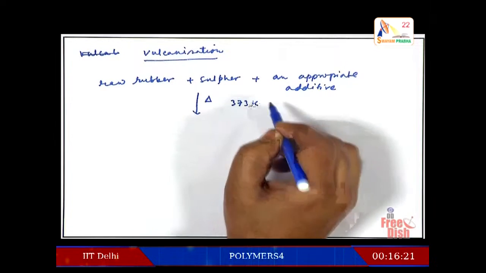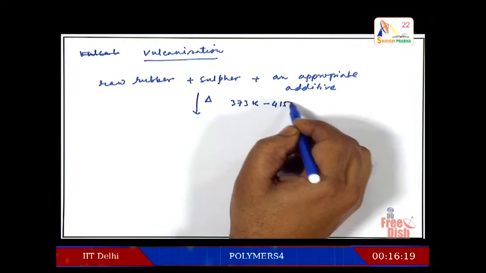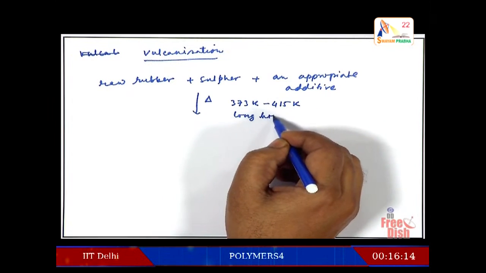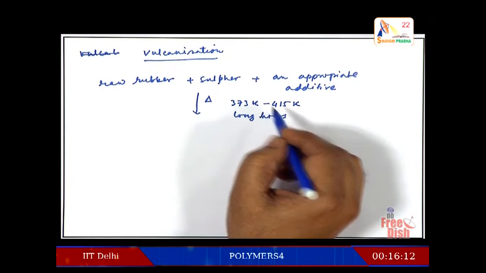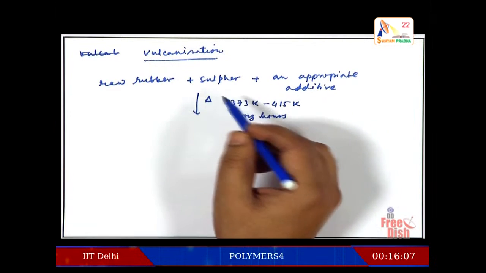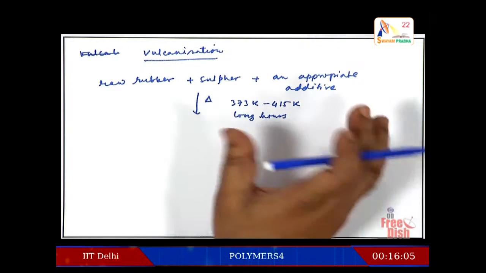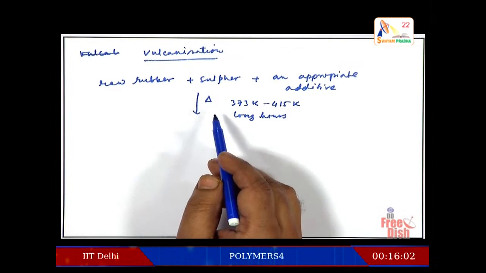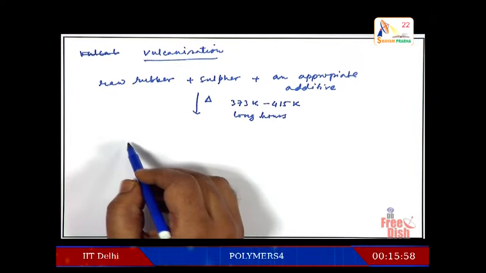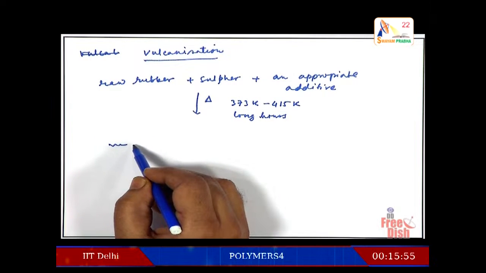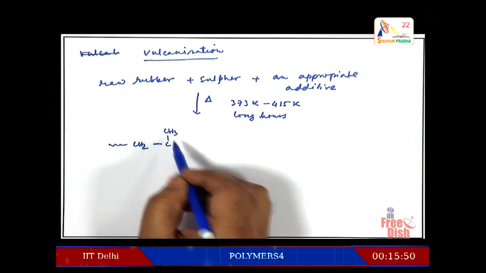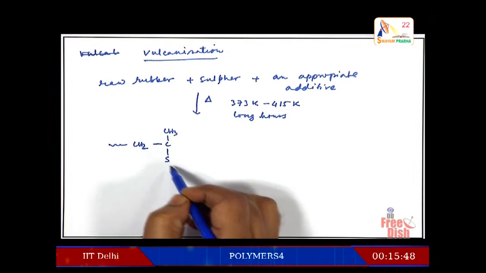temperature is 273 to 415 K, and it is done for long hours. So, it takes time, and the amount of sulfur is small, probably between 1 to 5% in general, but it could be even smaller or even higher if required, and you get different cross linking products, and we are just writing a few structures.